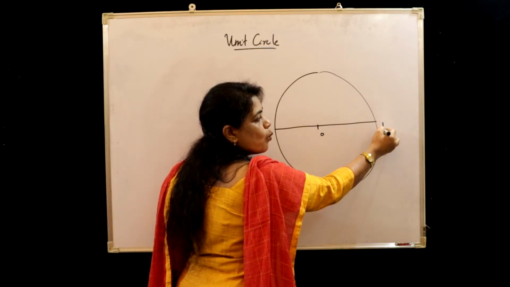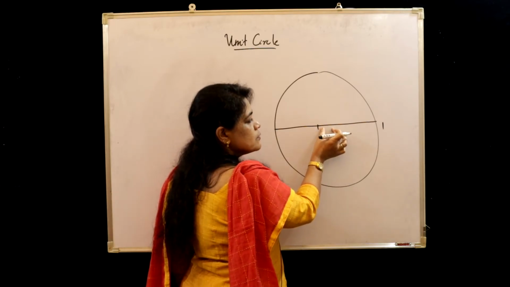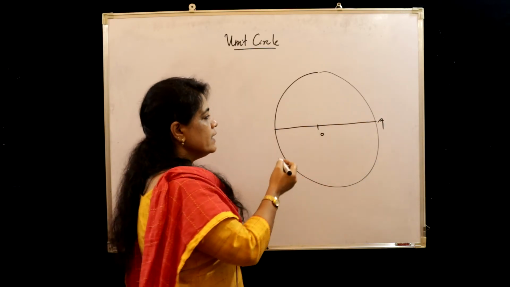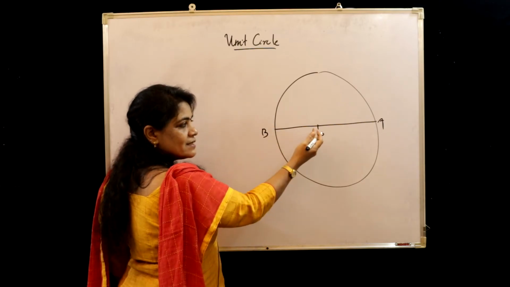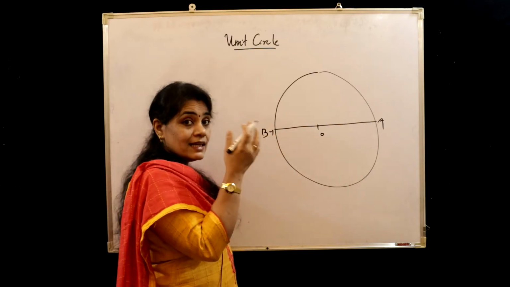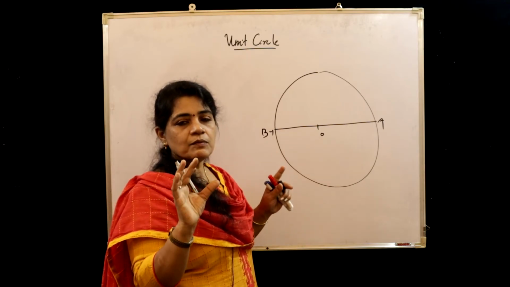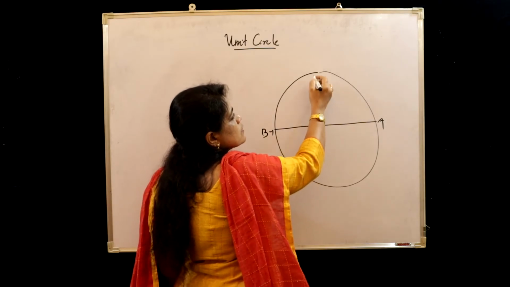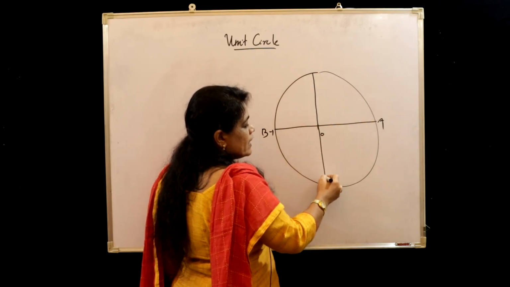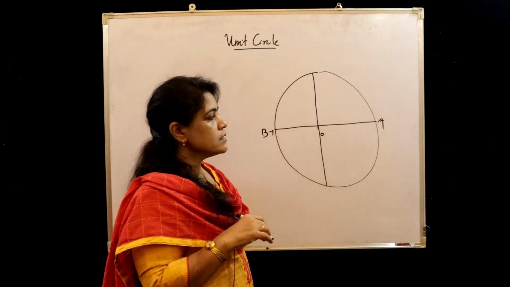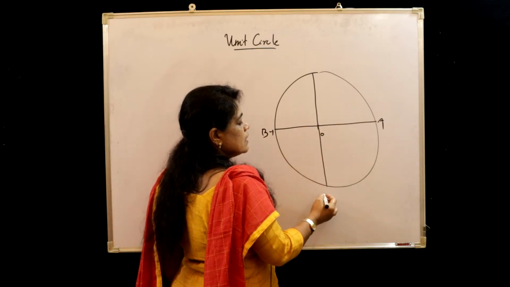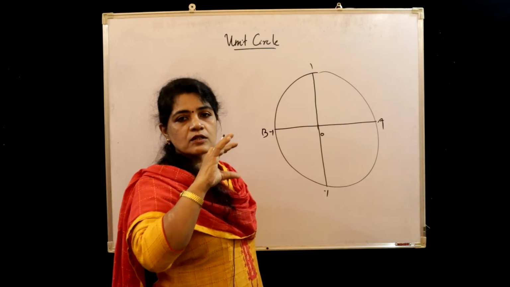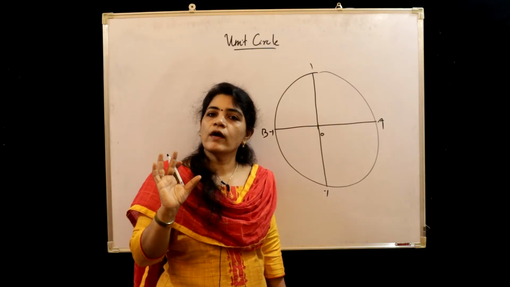Here it is 1 because of the radius; I am marking this point as A on the circle, and on this side B, being the left side, this value may be a negative value, but the measurement, being a unit circle, is 1 unit. Here also we have a y-axis, another diameter passing through the center. Here comes -1, here 1 because it's a unit circle. So the radius remains constant, 1 unit.